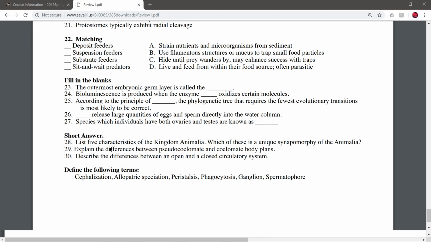Outgroup. The principle of blank, we just did this one. Parsimony. Blank are traits that evolve for a particular function. Adaptations. Cephalization is associated with what kind of symmetry? Bilateral. All right, what are the main categories of Linnaean classification from most general to specific? Kingdom, followed by phylum, class, order, family, genus, species.